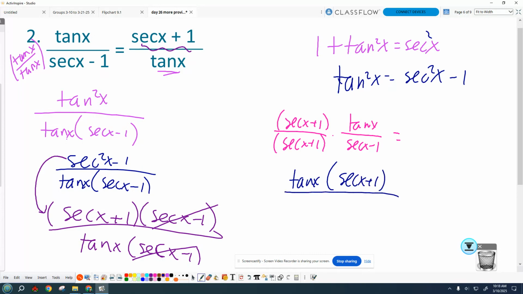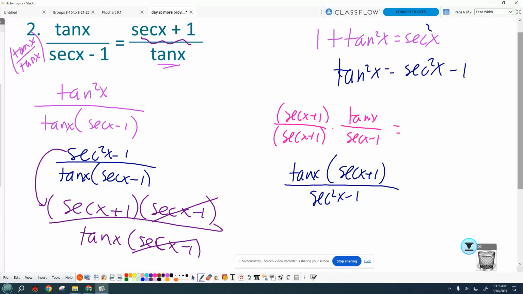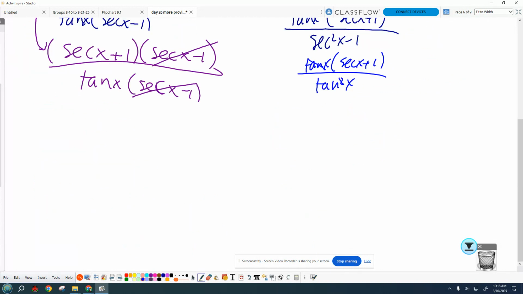I'm going to leave it alone, but secant plus 1 times secant minus 1 is secant squared x minus 1, and that equals tangent squared x. And this was tangent squared, so the tangents can divide and cancel out. One of them cancels, and we get exactly what we were looking for.